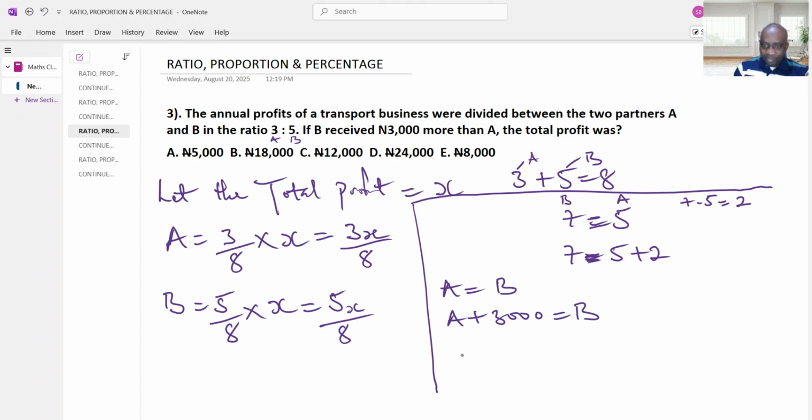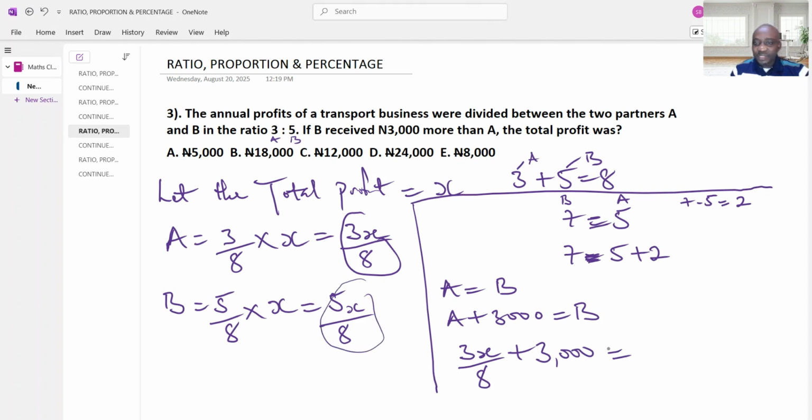What is my A? The profit A got is 3x over 8, plus 3,000, equals what is B? B got 5x divided by 8.